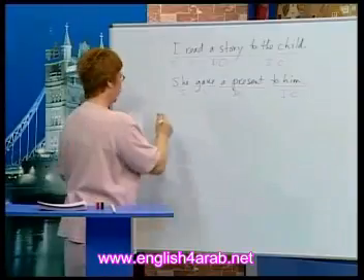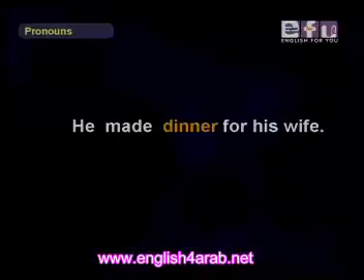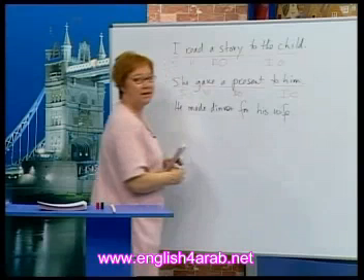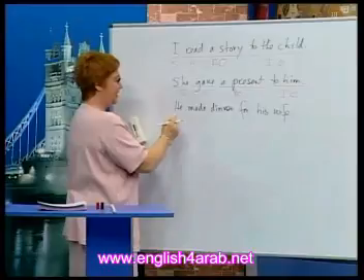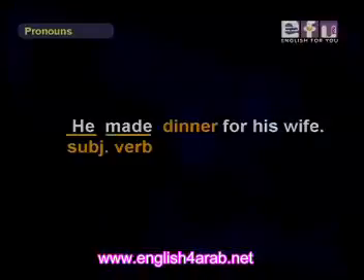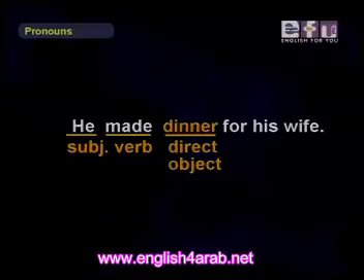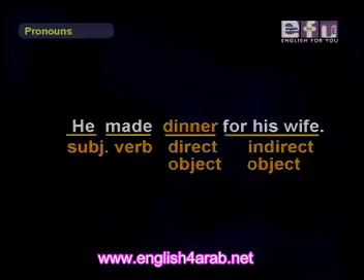And then one more example. He made dinner for his wife. What a nice man. Okay, he, subject, made, verb, dinner, direct object. For his wife is the indirect object.